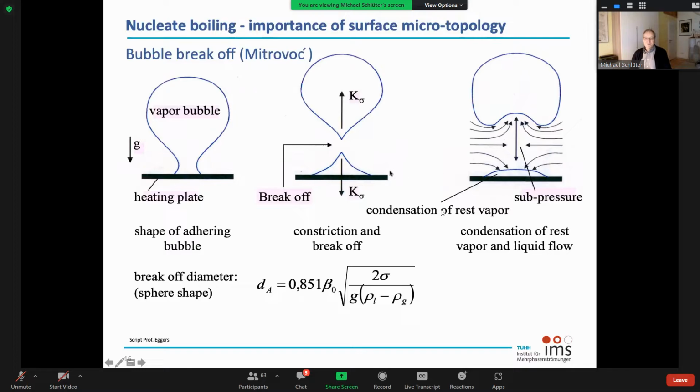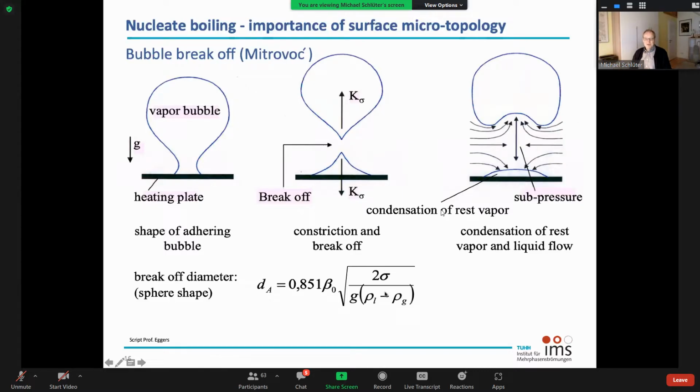Now we can, of course, make a force balance between the surface tension force that holds the bubble back and the buoyancy force that is introduced by the lower density of the bubble. You might remember we talked already about bubble formation at orifices, and this is very similar. With this equilibrium, we can calculate the critical diameter of the vapor bubble.